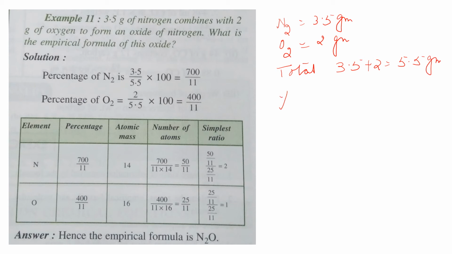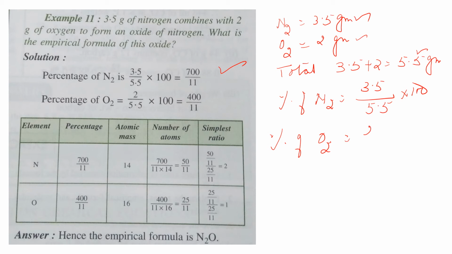So the percentage of nitrogen is 3.5 divided by the total 5.5 into 100, which is coming to 700 by 11, and the percentage of oxygen will be 2 by the total 5.5 into 100, so I am getting 400 by 11.